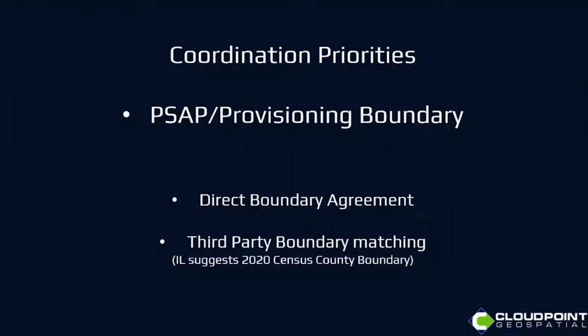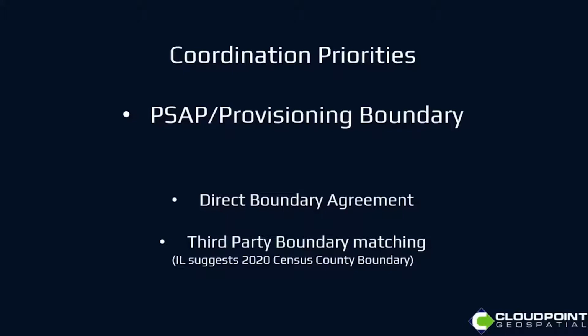So the main thing when we're talking about PSAP and provisioning boundaries, there are two ways we can go about this. One is direct boundary agreements, so direct coordination with that bordering jurisdiction. So you have your shared boundaries and you talk directly with that person and communicate like, all right, I'll move my boundary to you, or you move your boundary to me, or find a middle ground somewhere.